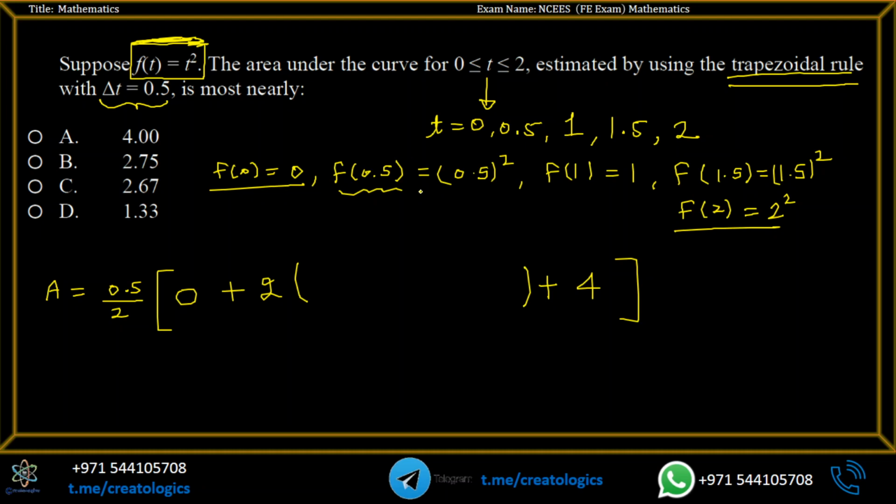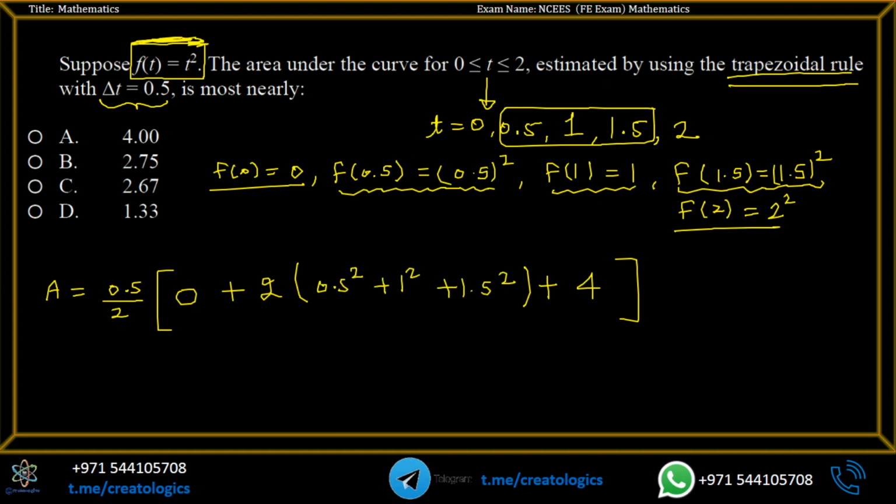So which is giving you 0.5 squared plus 1 squared plus 1.5 squared. You can make use of your calculator to get this value, and you will get approximately 2.75. So you can say 2.75 square units will be our area. Option B is the only correct.